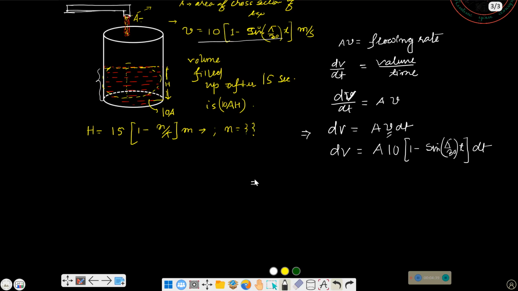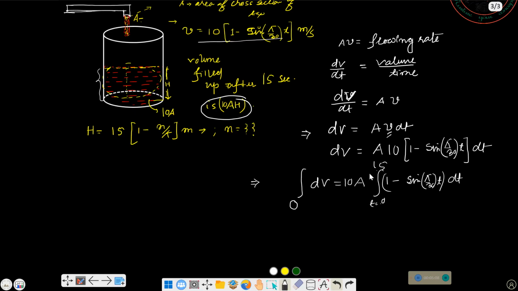After 15 seconds, the volume filled up will be 10a times h. So integrating from 0 to 15: at t = 0 the volume filled up is 0, and at t = 15 seconds the volume filled up will be 10ah.